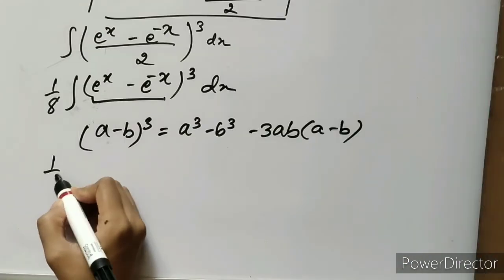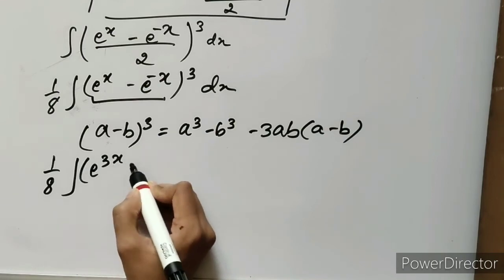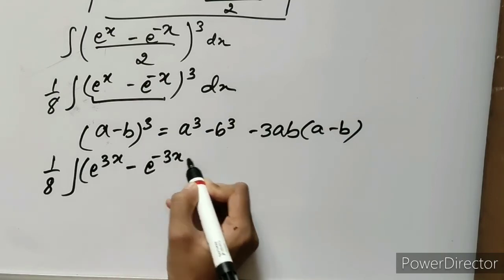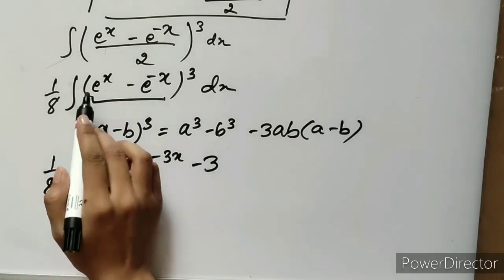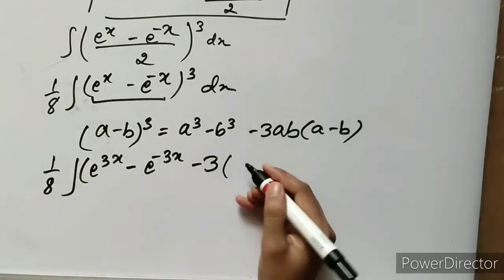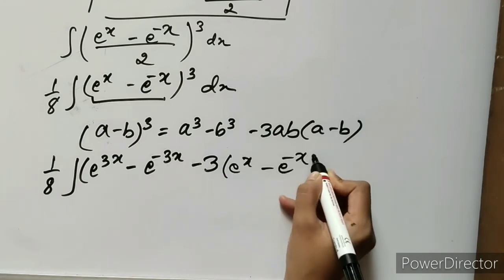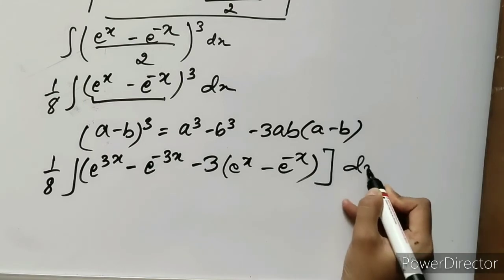So when you put the values, it will be e to the power 3x minus e to the power minus 3x minus 3, and when you add the powers it will be e to the power 0, that is 1, so I'm not writing that, times (e to the power x minus e to the power minus x), and this is dx.